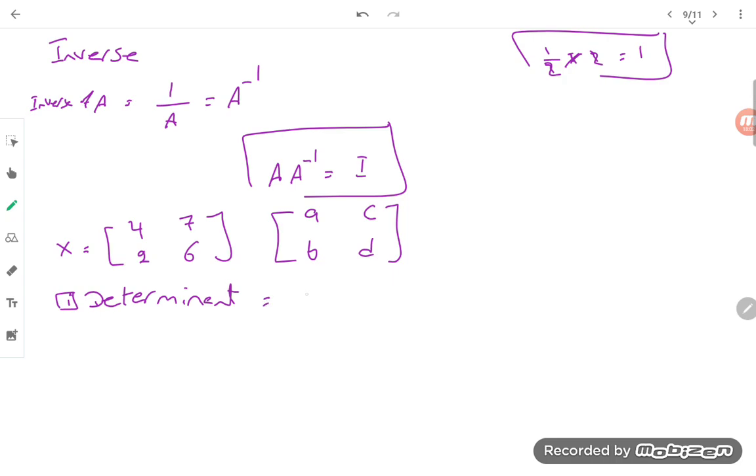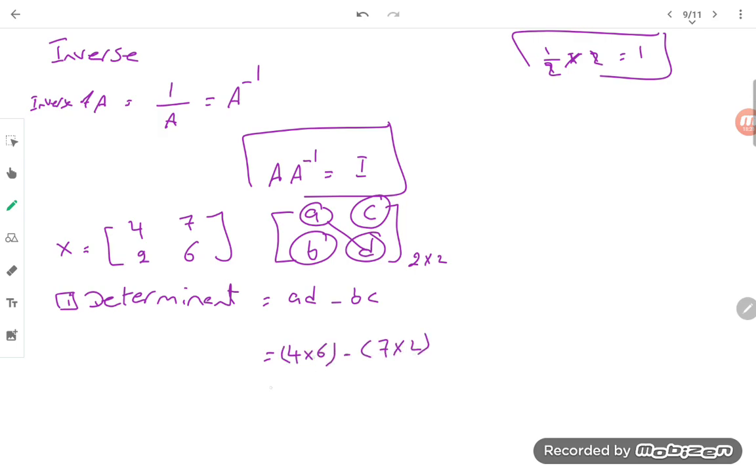Determinant is calculated as, in case of 2 by 2 matrix, this is the first case. 2 by 2 matrix is completely different than any other higher order. AD minus BC, AD minus B multiplied by C. So in our step, it will be 4 multiplied by 6 minus 7 multiplied by 2. So the answer is 10. So the determinant of this matrix is 10.